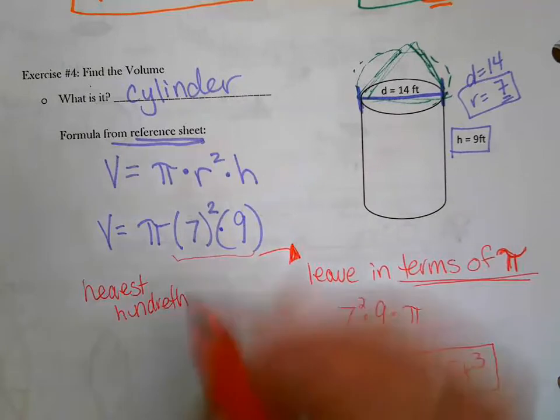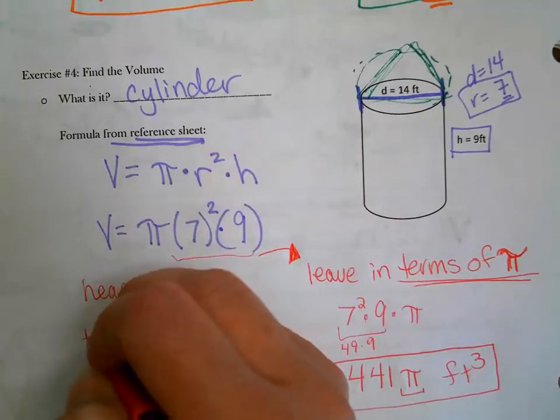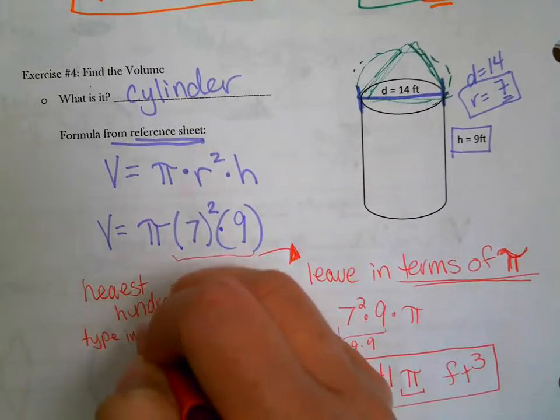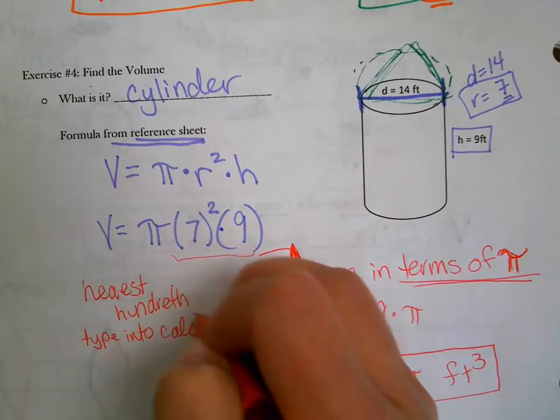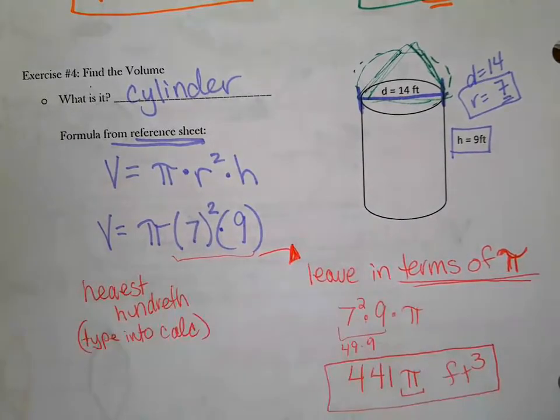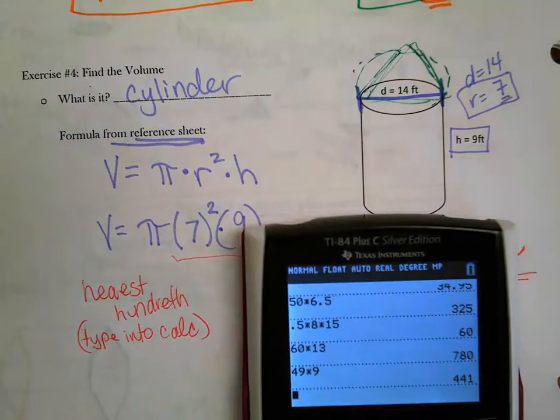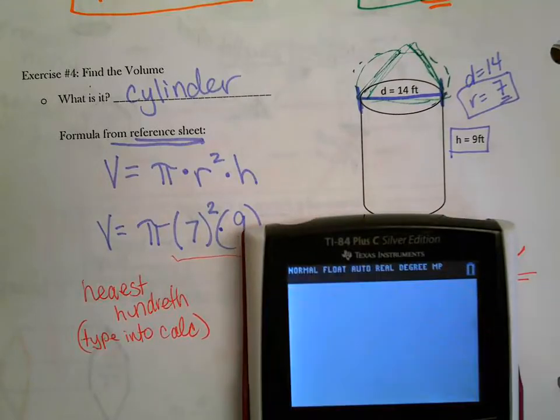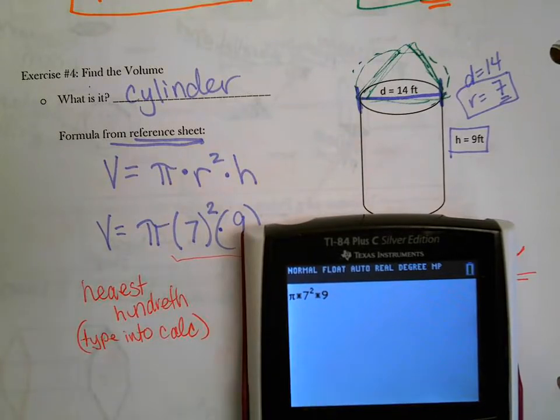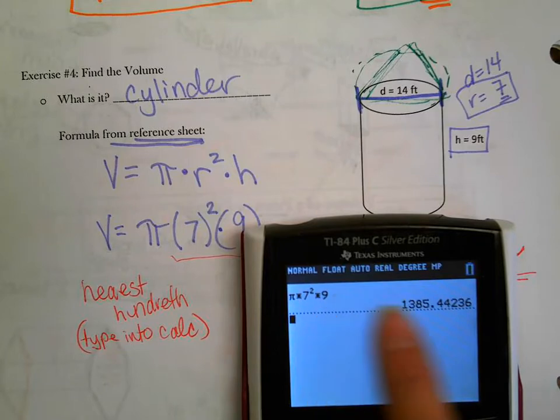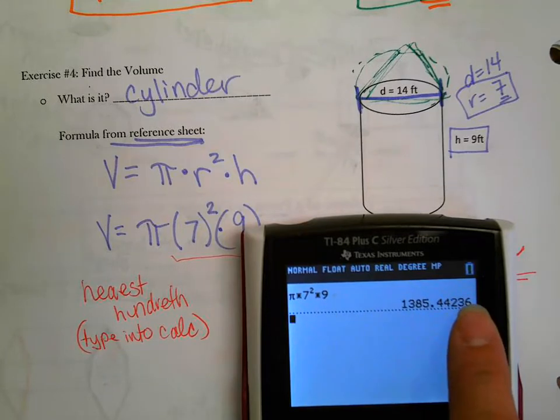To the nearest hundredth is when we just type it in. So type into calc. That's what I'm going to write there. So if I put in pi 7 squared times 9, I can just type those digits right here. Pi times 7 squared times 9. Now I know pi is an irrational number, so when I type that in, it's going to give me all these funky decimals. Okay.